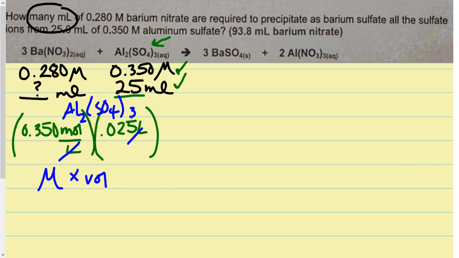So then we have to introduce the mole ratio, and our equation does happen to be balanced. So we're going from aluminum sulfate to barium nitrate. So in that case, our mole ratio of the aluminum sulfate is 1, the barium nitrate is 3, which then converts us to the barium nitrate.